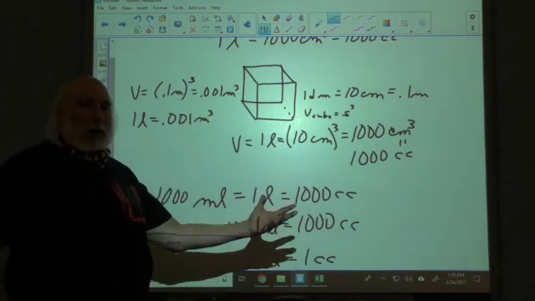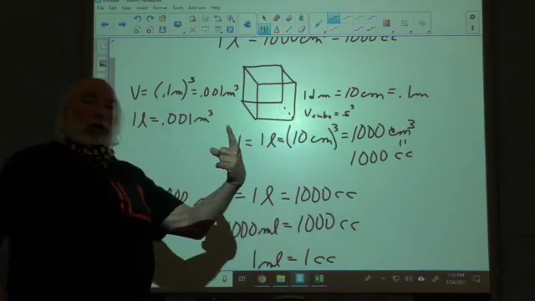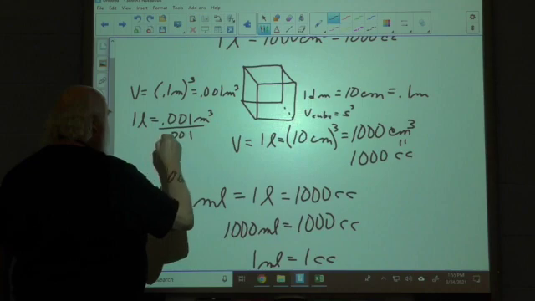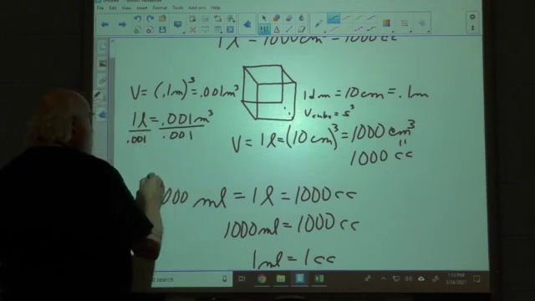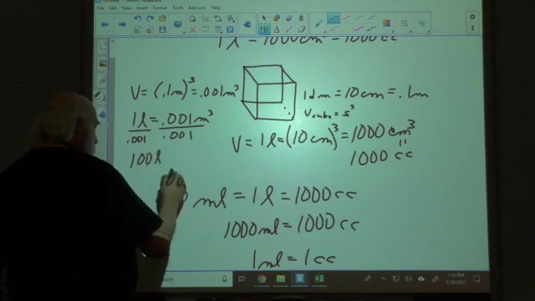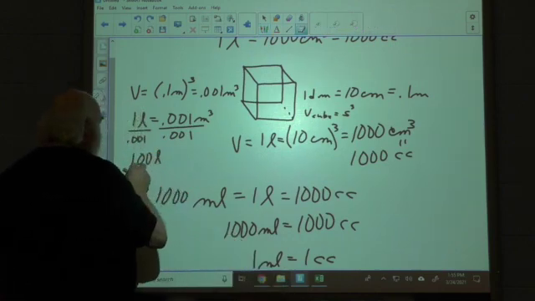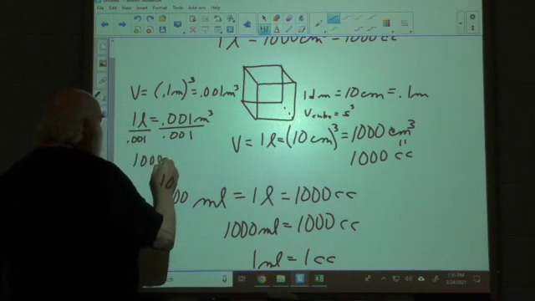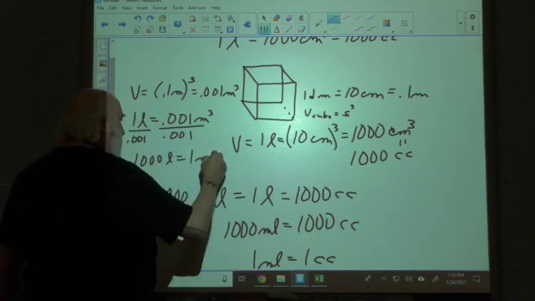So what if I want to know how many liters are in 1 cubic meter? Then I would divide both sides by 0.001. And we get 1,000 liters equals 1 cubic meter.